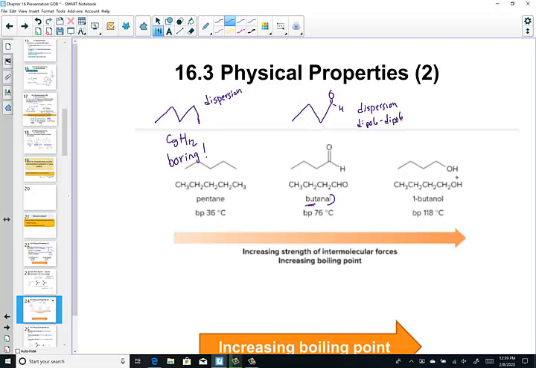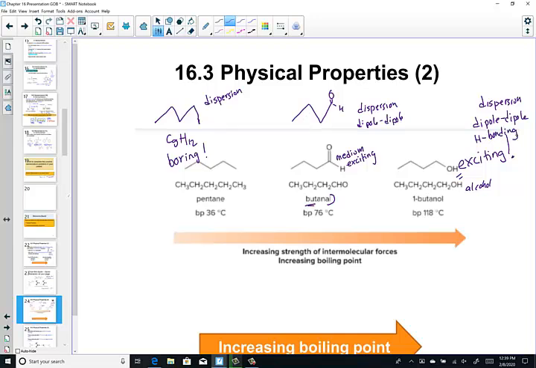But now remember from a couple chapters ago when we had alcohols, this is a very exciting functional group. So I would say the aldehyde is medium exciting. The alcohol is very exciting because it not only has dispersion forces and dipole-dipole based on polarity, but it has the strongest of strong intermolecular attractions called hydrogen bonds.